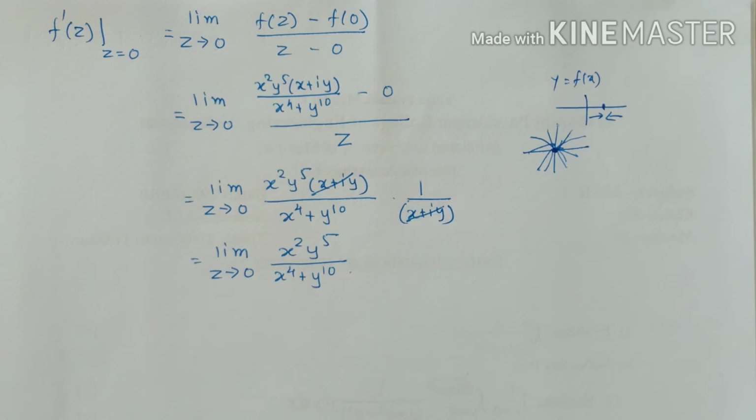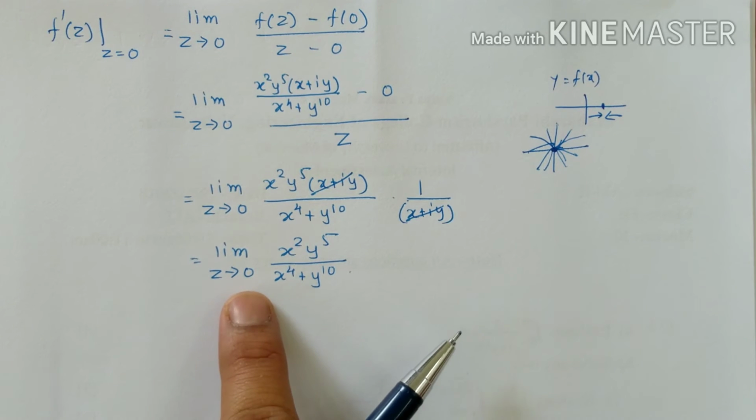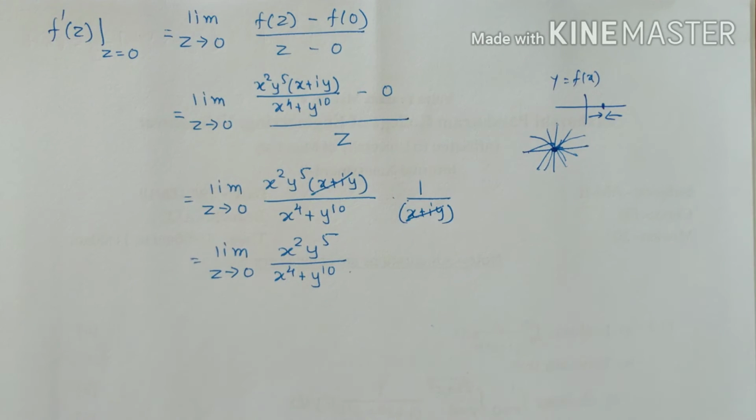When we say the function is differentiable, you choose any path approaching 0, every time your limiting value should be the same. What is the negative of this? You follow any path approaching z is equal to 0, and I am getting different limiting values, gives me the function is not differentiable.